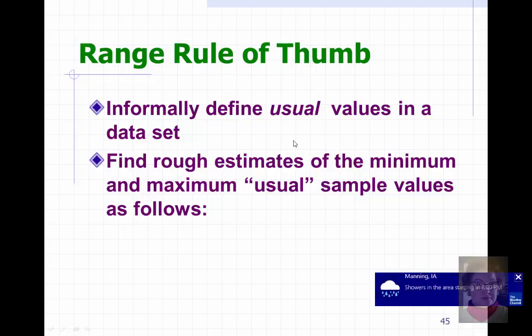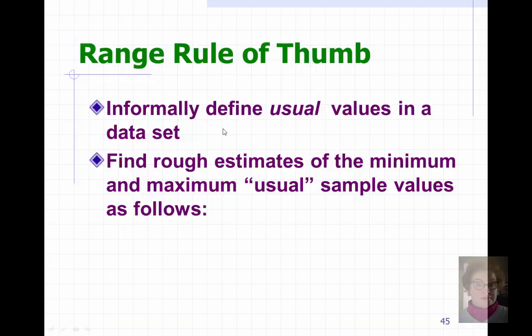Now, usual means most of the time. And so we can use the range rule of thumb to give us rough estimates of usual, because as we go forward we're going to ask whether a value from our calculations is usual or unusual.